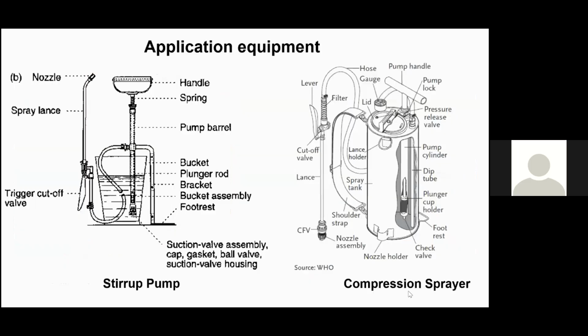Now, this is a brief diagram of application equipment, comparing the stirrup pump and the compression sprayer. The biggest disadvantage of the stirrup pump is that there is no pressure regulation when we spray on the walls.